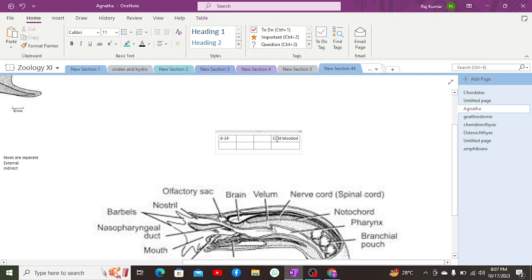Hagfish is the only marine animal which is an osmoconformer.